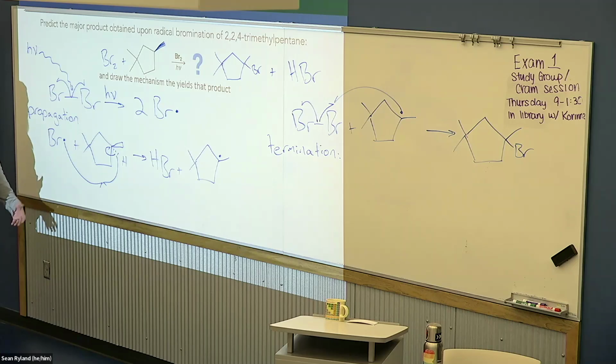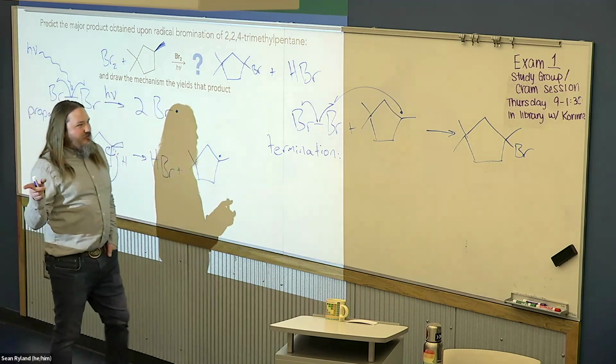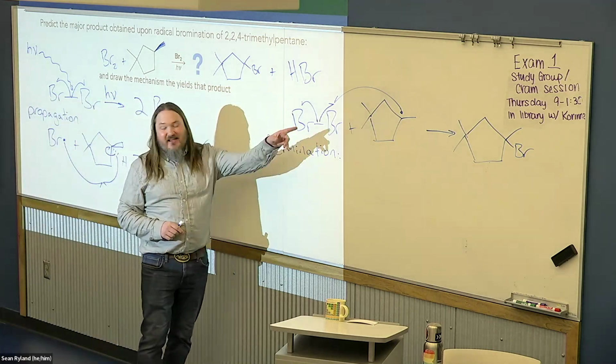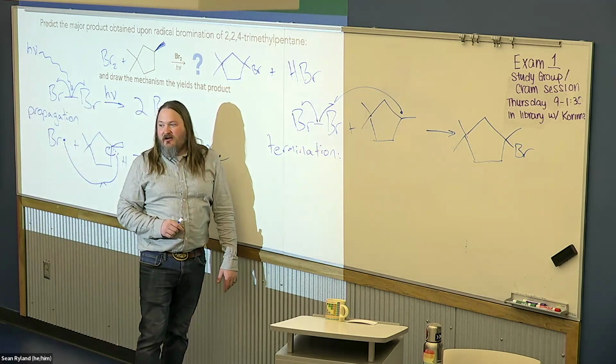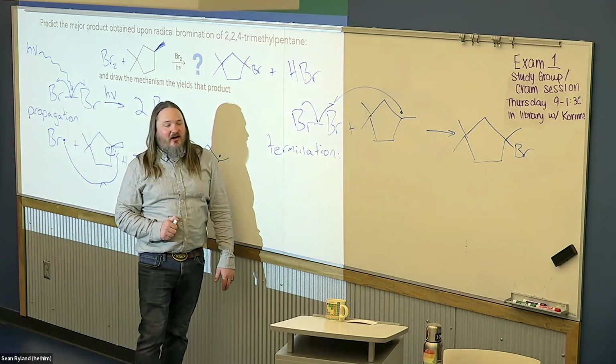It's more technically right. You might get marked down on the test if you put two cyclopentane radicals together to make a weird dimer.